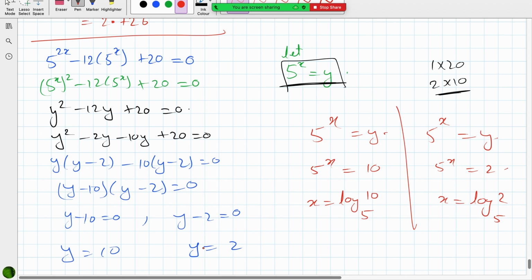Log 10 to base 5 is 1.43 and log 2 to base 5 is 0.43. So these are the two possible values for this equation.